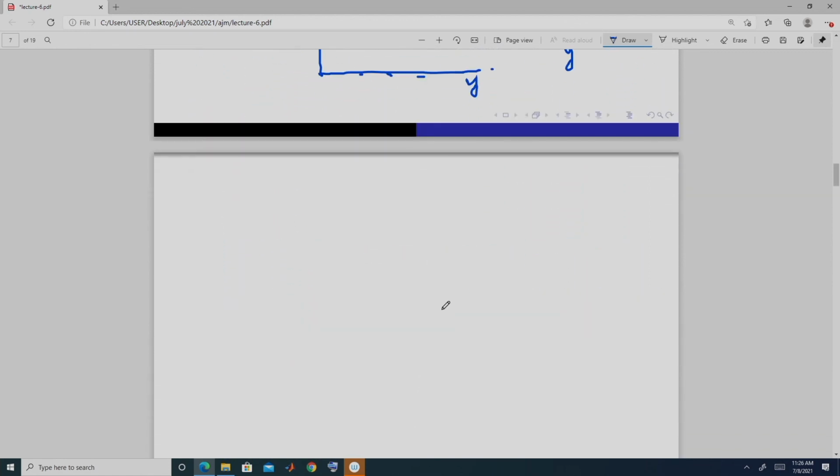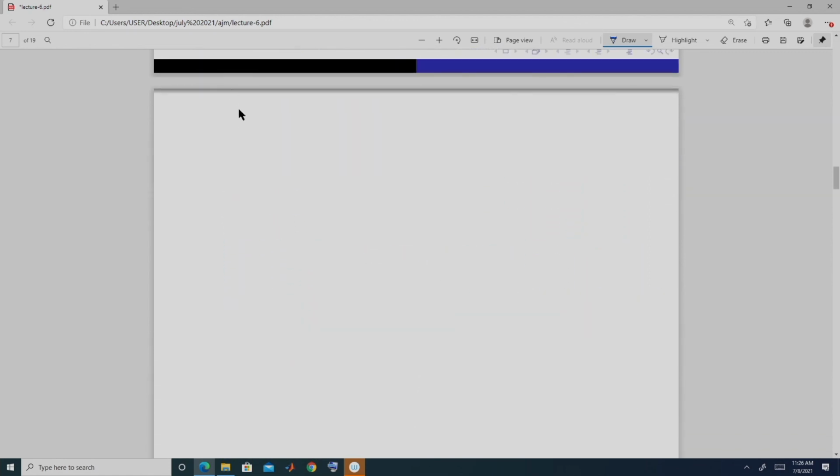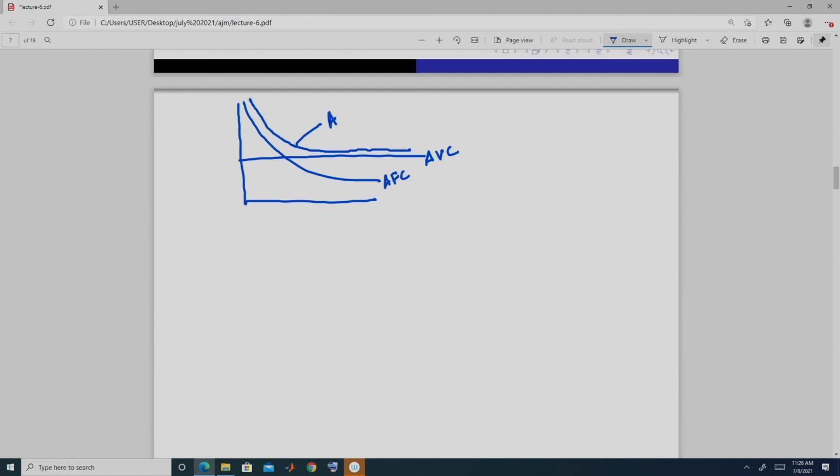So, here if we have that, now what do we have? Our average fixed cost is this, average variable cost is this. So, this is our average cost, because average cost is the sum of average variable cost plus average fixed cost.